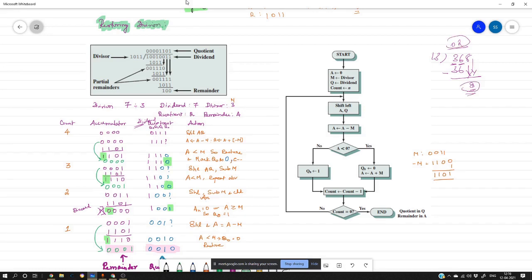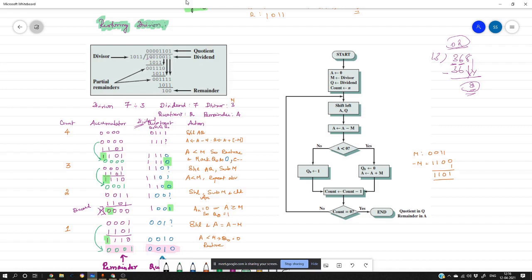The same thing is being followed here. You take the first bit. The first bit is 1 and its length is much less than the divisor, so obviously it is not going to divide. So you just mark 0. And you left shift the dividend, that is, you move on to process the next bit from the MSB.